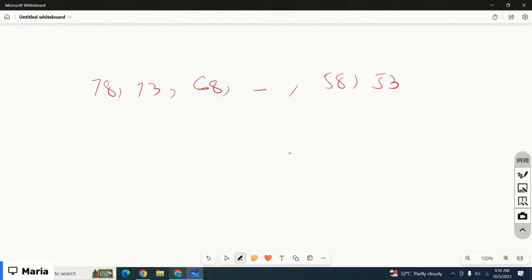Just look at the pattern, right? The pattern is decreasing. 78 minus 5 is 73. 73 minus 5 is 68. That means the pattern is decreasing by 5 every time, right? So just continue. 68 minus 5 is then 63. So the missing number is 63. Got it?